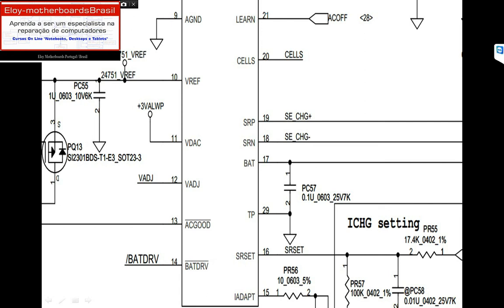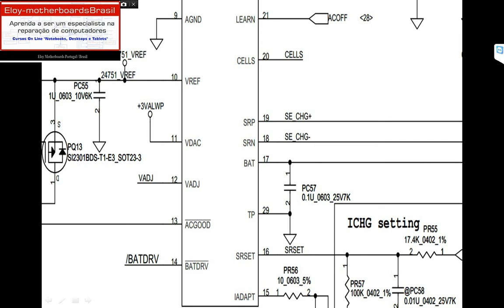Okay, continuing. In this moment we have pin 24 of the KBC now sending a signal named AC off, high voltage, with 3.3 volts.